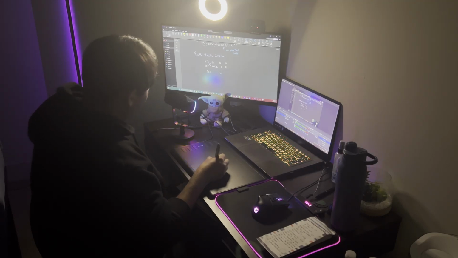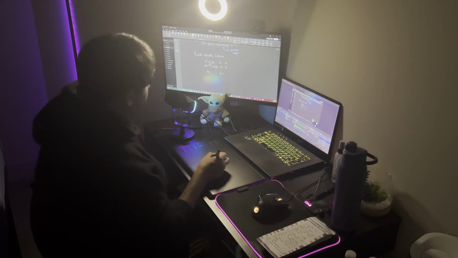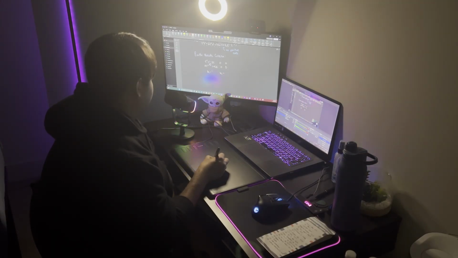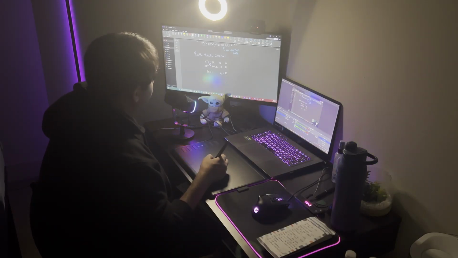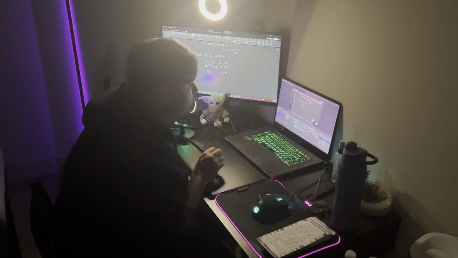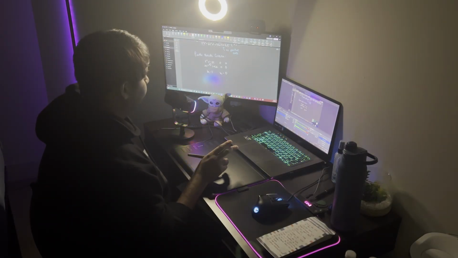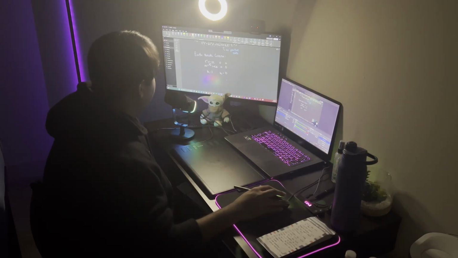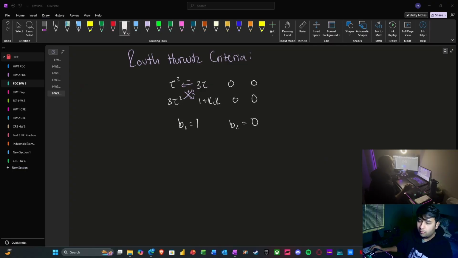So we're going to label them B1 and B2. And going through the whole calculation of this, we end up simplifying to B1 equals 1, and then B2 equals 0. And then we do have two other values we want to find, C1 and D1. However, we're going to look at that later. Okay, so now we're going to go ahead and find the equation for B1.